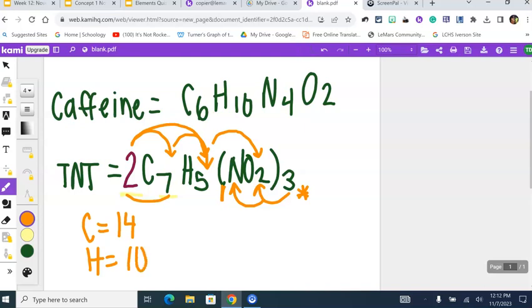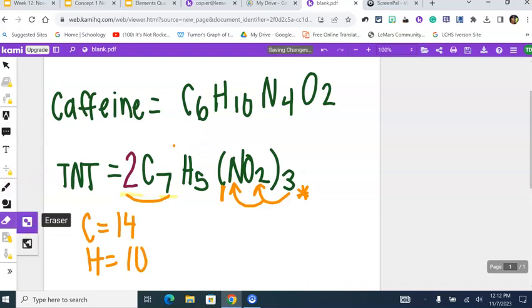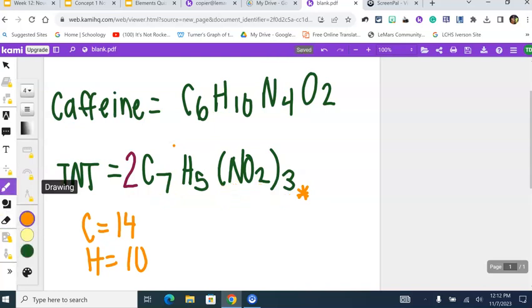Now, I'm going to erase some of my marks here so that it can be a little bit more clear. This multiplies into the parentheses, but so does my subscript, which means my coefficient 2 is multiplying, but so is my 3.